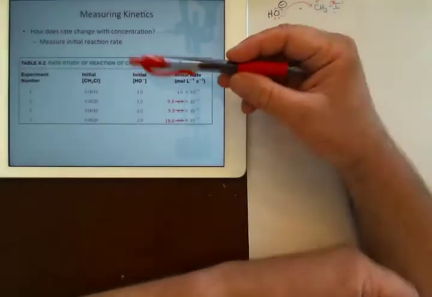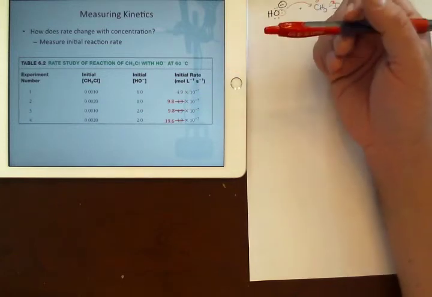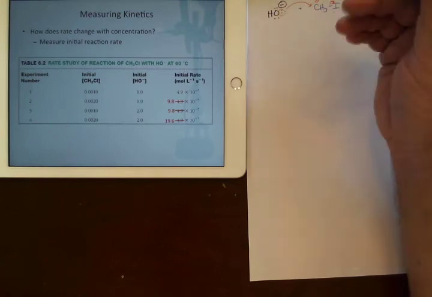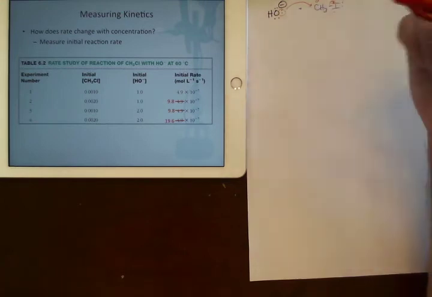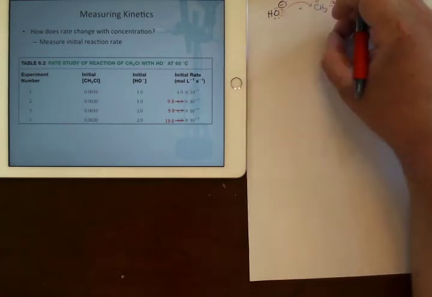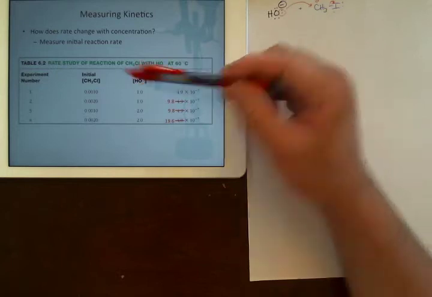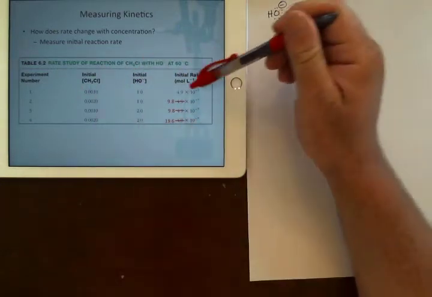If you were to measure what's going on, you measure what's called the initial rate, because things can kind of slow down once you start building up product. So you just measure the first little burst of product formation. If you were to just do 1 and 1 for these concentrations, you get some rate.